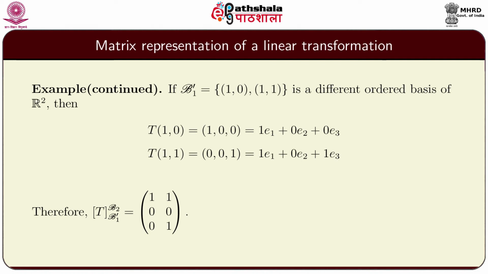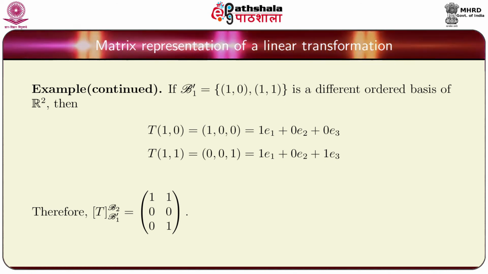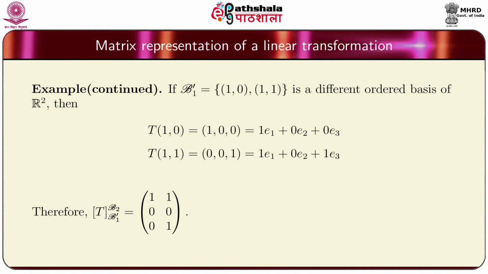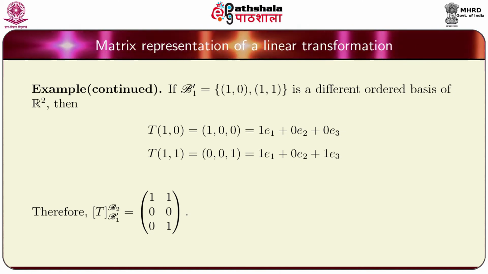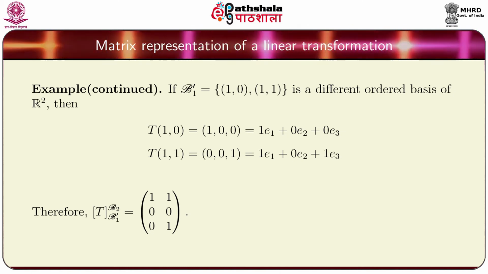Now, suppose we change the basis for the domain vector space R2 and consider this ordered basis B1 dash, which is the set containing the vectors (1, 0) and (1, 1).